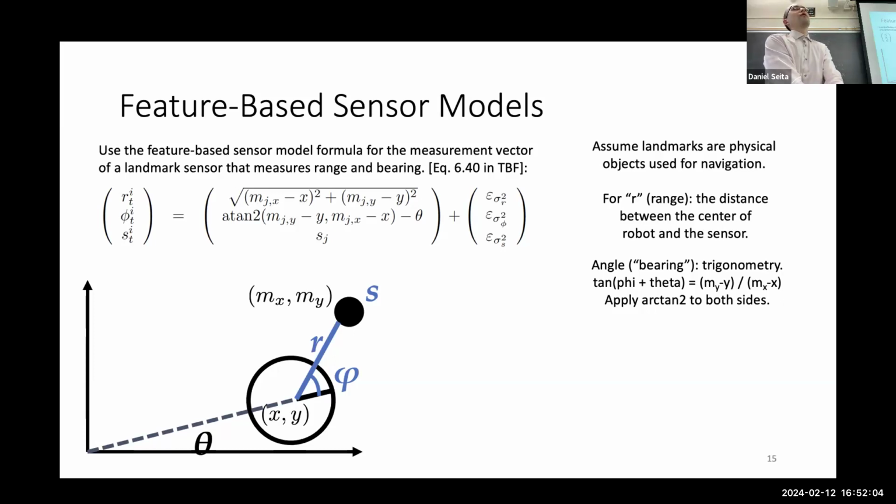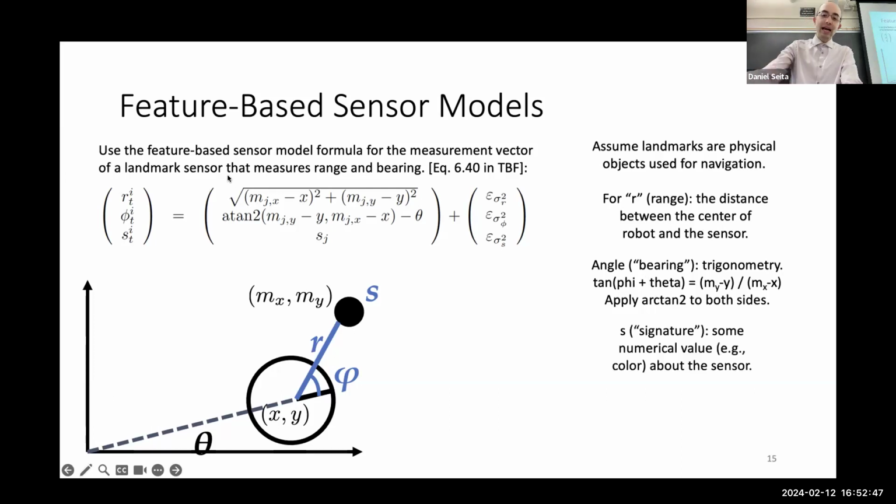It is a way of mathematically writing out the arctan of this fraction. I don't want to go into too much detail, but NumPy has an arctan2 function, and you can look at its documentation. Then when you apply the arctan2 to both sides, you get phi plus theta. You subtract theta, and that's why you get this last term.